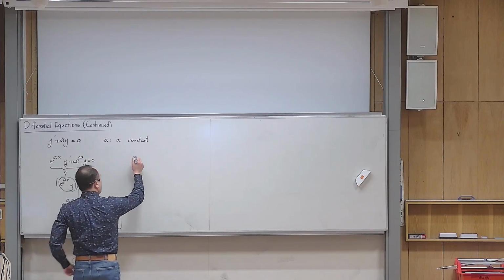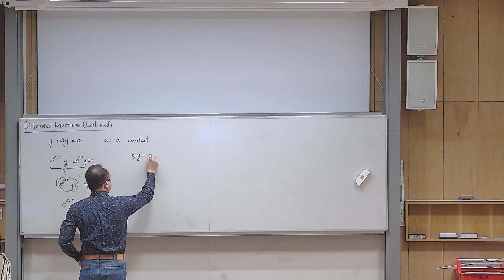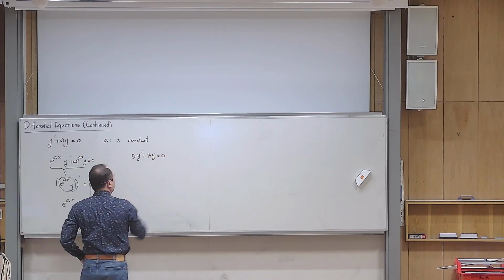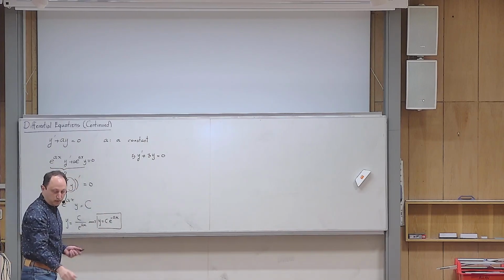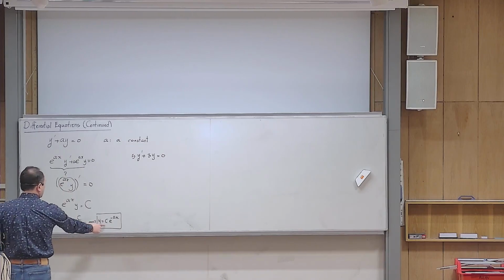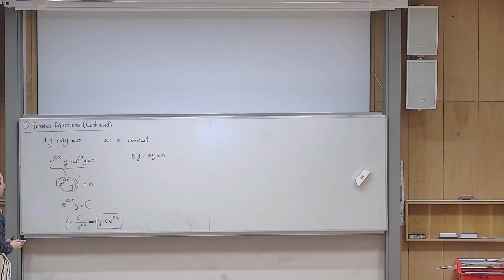For example, if I ask you to solve that equation, I hope you can see this is very close to what I have written here, except that this formula we derived works only if this constant here is 1.